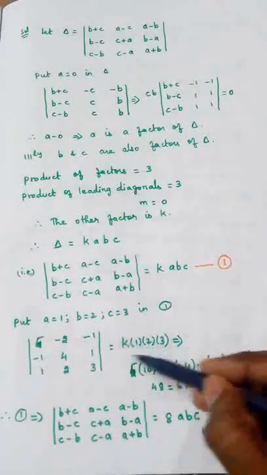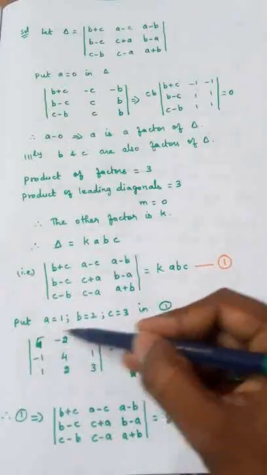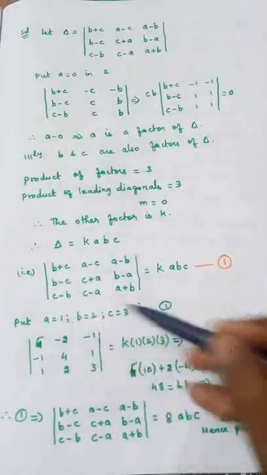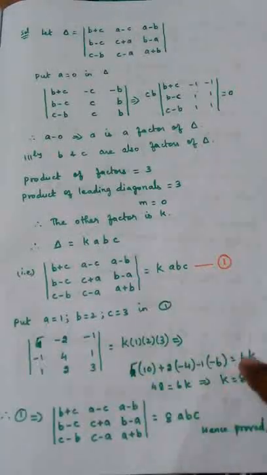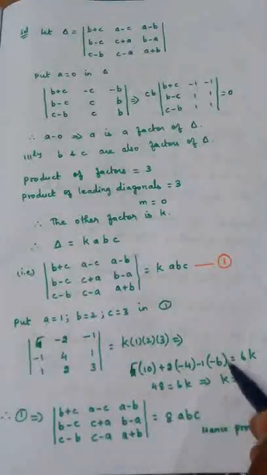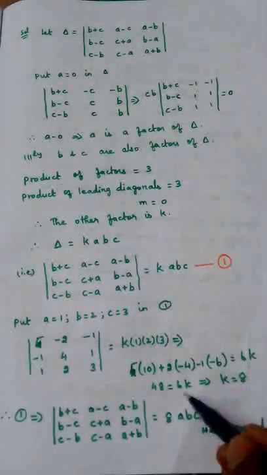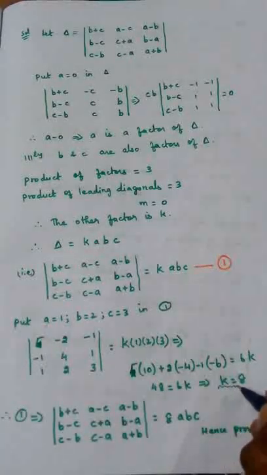So this becomes 6K. 3 into 2, 6, 6 into K, 6K. Expand this determinant using the first row. So you will get this. I need not explain this. You know very well how to expand a determinant. So this is equal to 6K. Now simplifying these numbers, you will get 48 equal to 6K. Cancelling, K equal to 8. So we got the K value here.